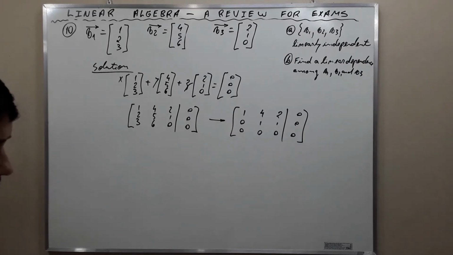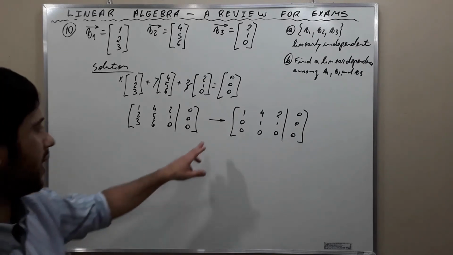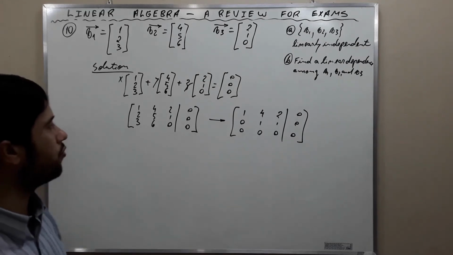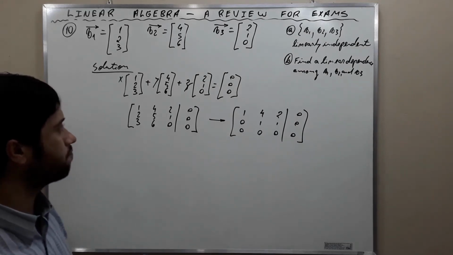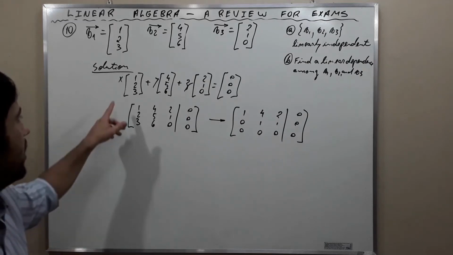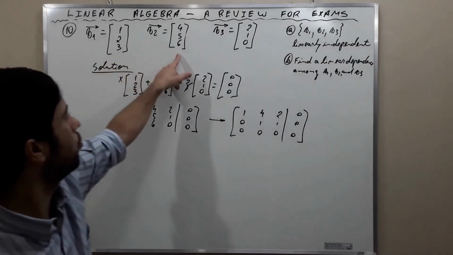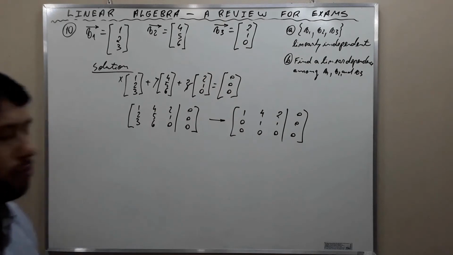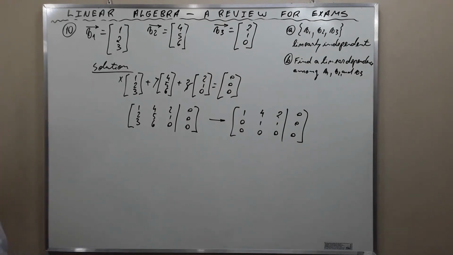And by inspecting this, we discover that the vectors v1, v2, and v3 are linearly dependent. They are not linearly independent. They are linearly dependent. And what does it mean? It means that one of them can be written as a linear combination of the others. That's why they are linearly dependent.